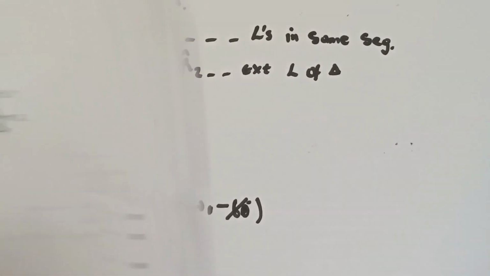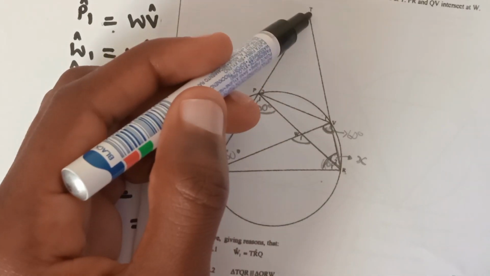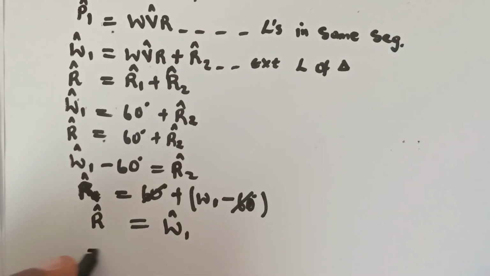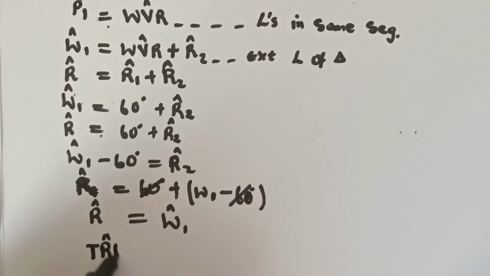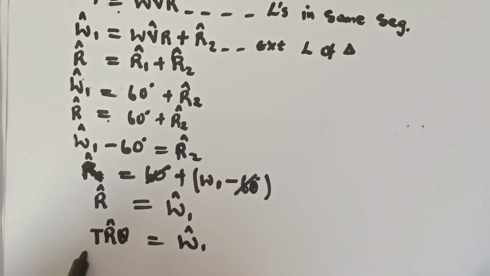I said that angle R here is the one that is T, R, and Q. So angle TRQ is equal to W1. I think we did prove that they are equal.